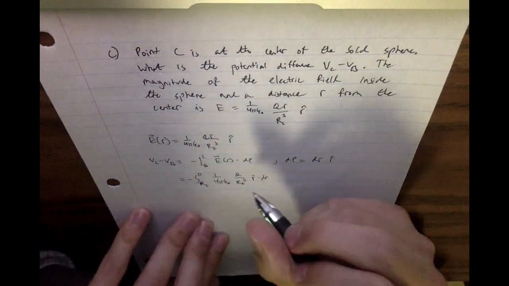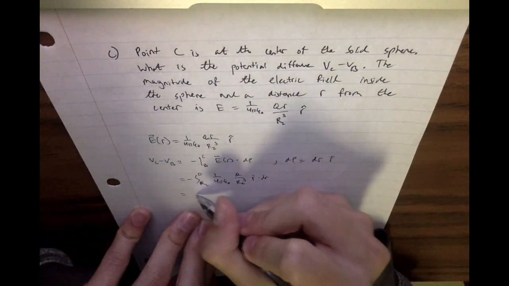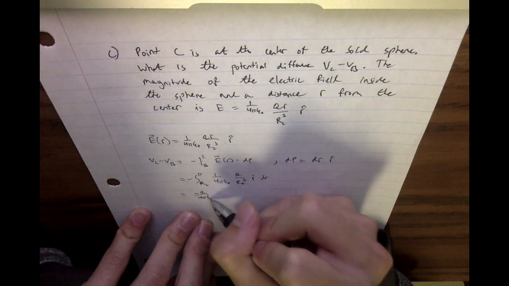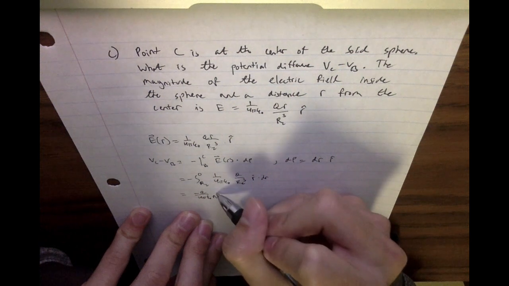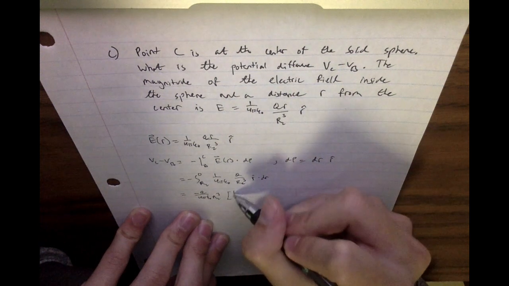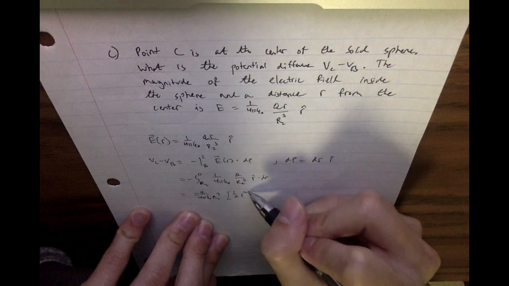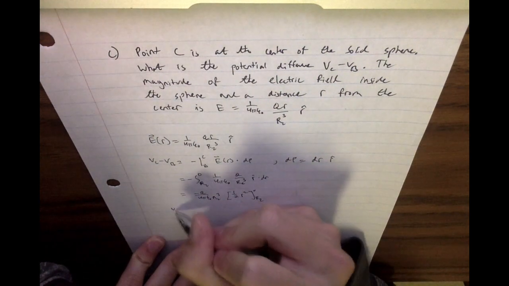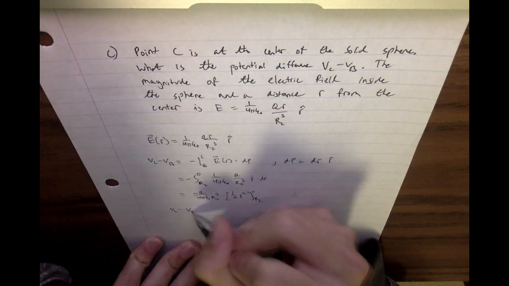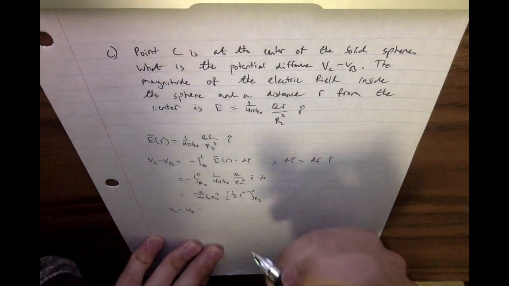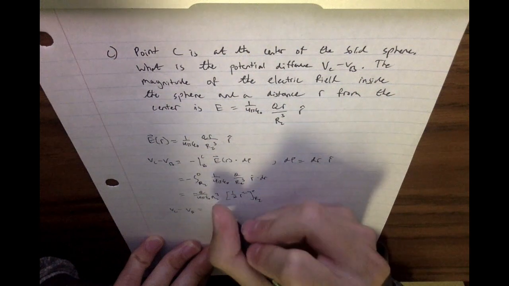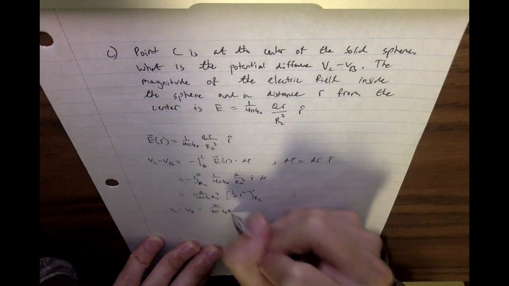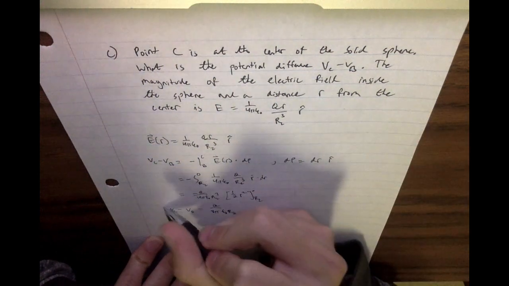So after evaluating that integral, we get negative Q over 4 pi epsilon naught R2 cubed, and then we evaluate 1/2 r squared from 0 to R2. So finally, after computing that, we get VC minus VB, the potential difference between B and C, equals Q over 8 pi epsilon naught R2.